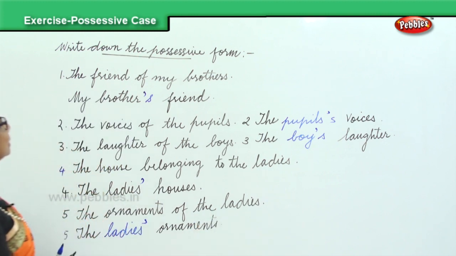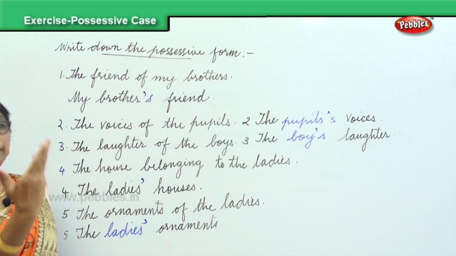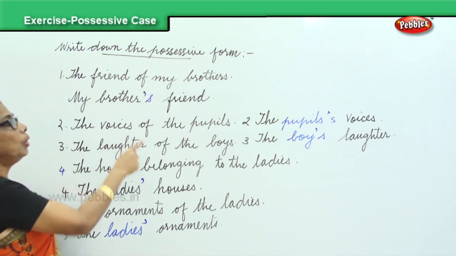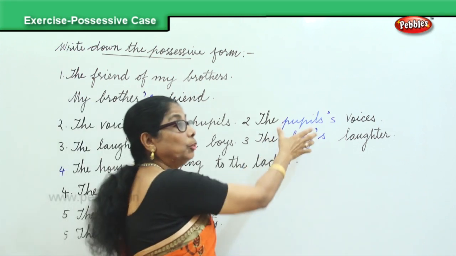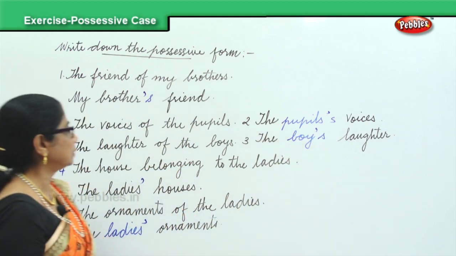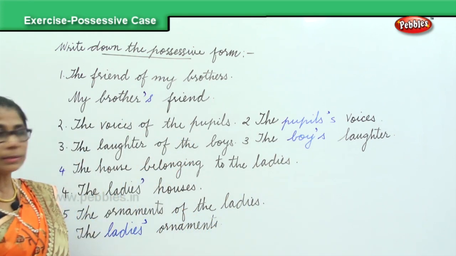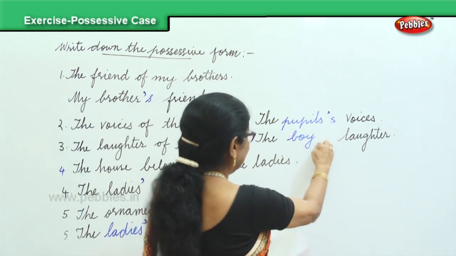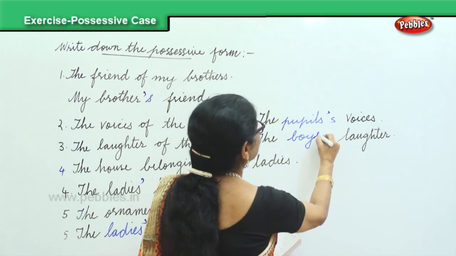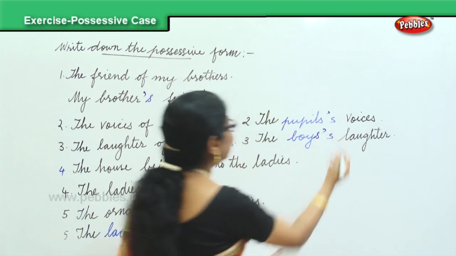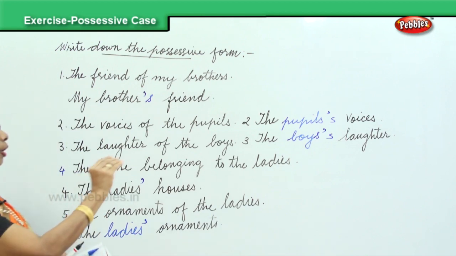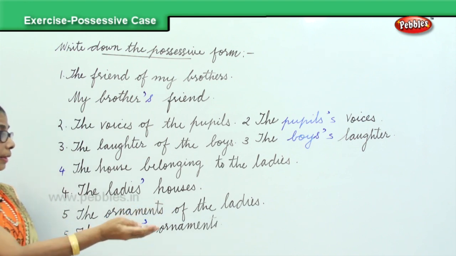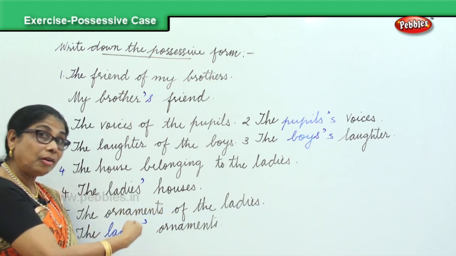Let's look at these 4 sentences. The friend of my brother, brother's friend, singular. The voices of the pupils, plural, pupils' voices. The laughter of the boys, many boys are there. The house belonging to the ladies, houses. The ornaments of the ladies, ladies' ornaments.